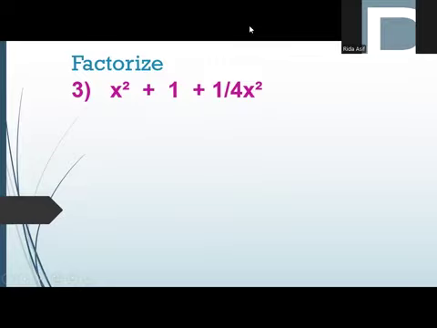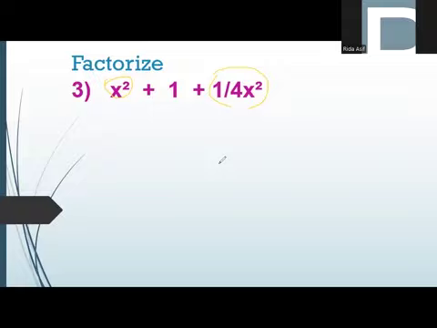In this question, students, we can see the first and the last terms are squares, x squared and 1 upon 4x squared. These are perfect squares. But we have to follow this step by step whenever we have a factorization question.